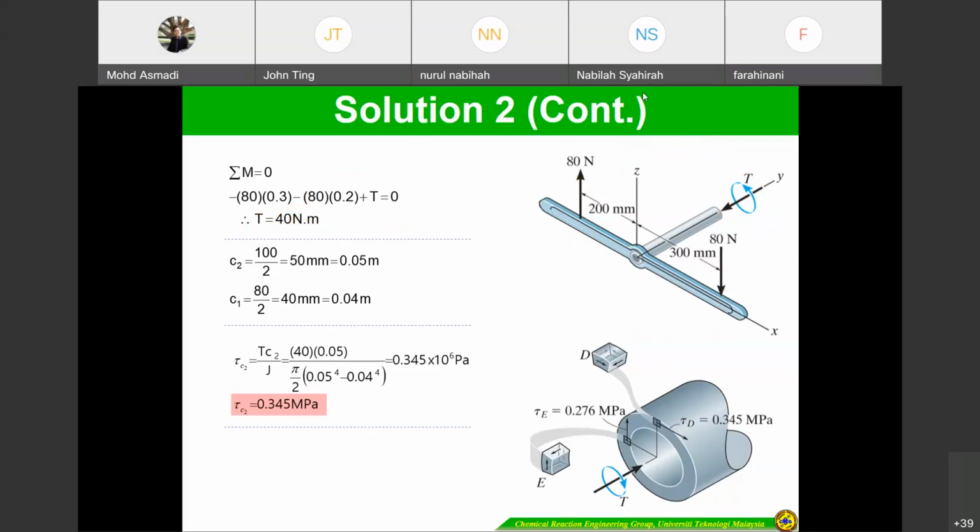We just consider this one because it's clockwise. Clockwise is negative. Previously we defined clockwise total moment as positive, equal to 0, counterclockwise. This one is going to be clockwise.